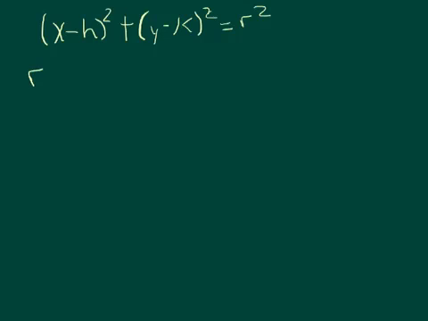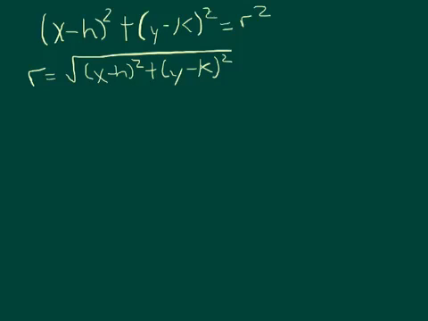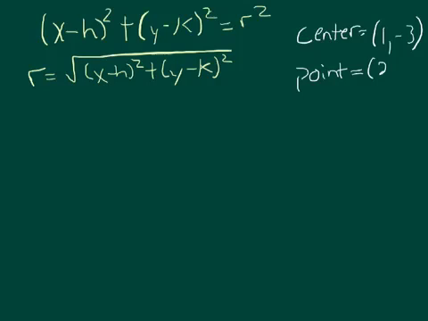So the radius would be equal to the square root of (x - h)² + (y - k)². In this scenario, we will know that the center is, in this case, we'll go with (1, -3), and that the point on the outside is (2, 2).